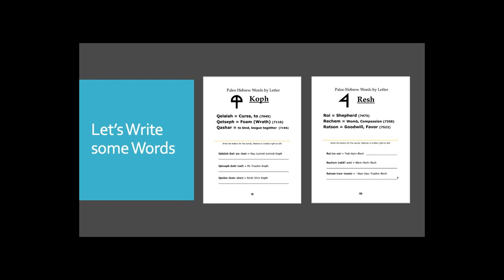I don't claim to be an expert at this. I'm just showing you the way, so I am sorry about my inability to say some of these words. All right. Those who know me know I have trouble with English, so this really is a challenge. All right, so now we have qashar, to bind, league together, number 7194.